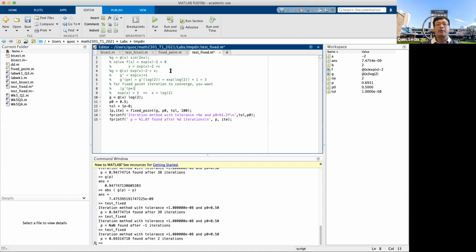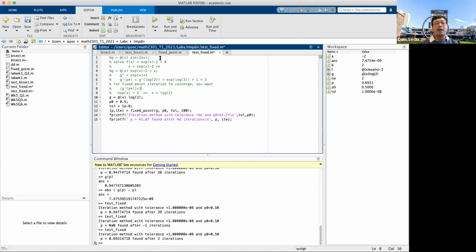So when you define the function g, it's not always true that you can have convergence to the solution. It's very dependent on the function g. If it's a constant, then you take the derivative, it's equal to 0, definitely less than 1.